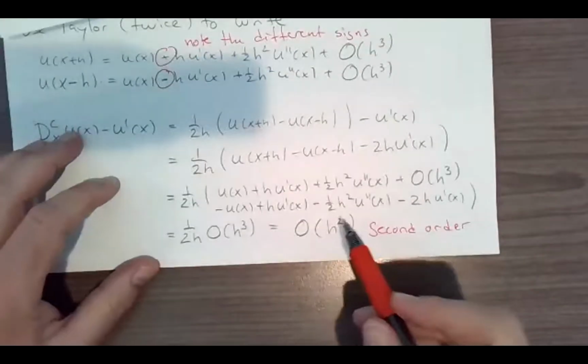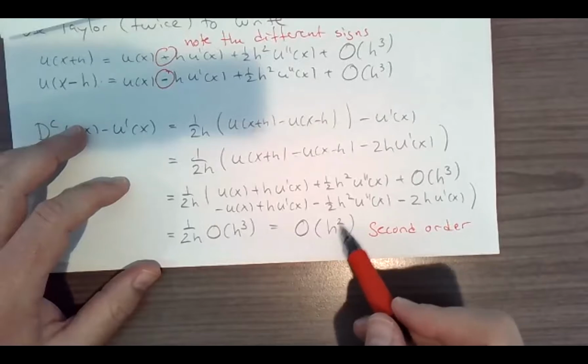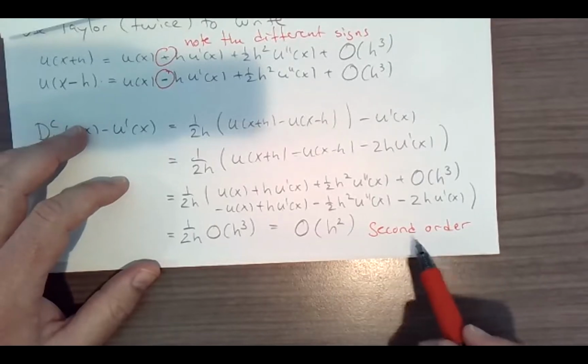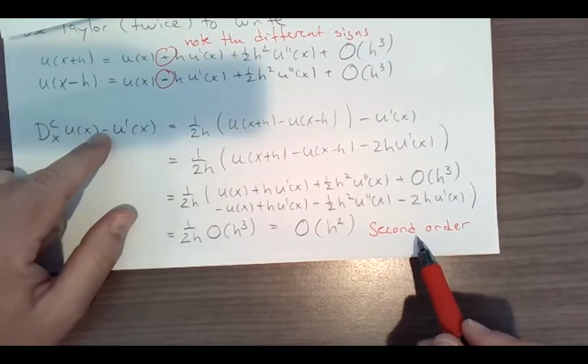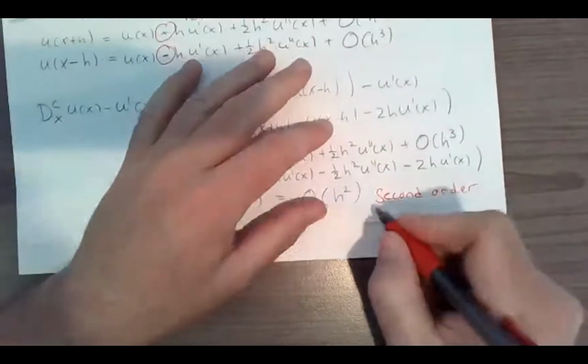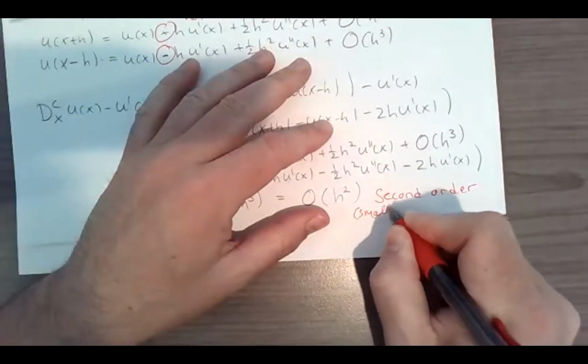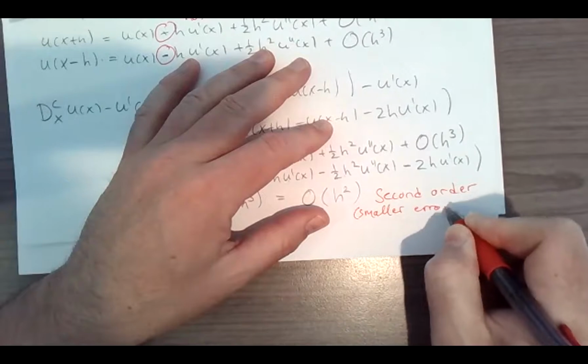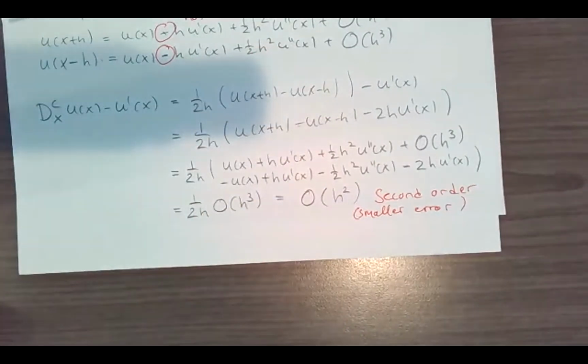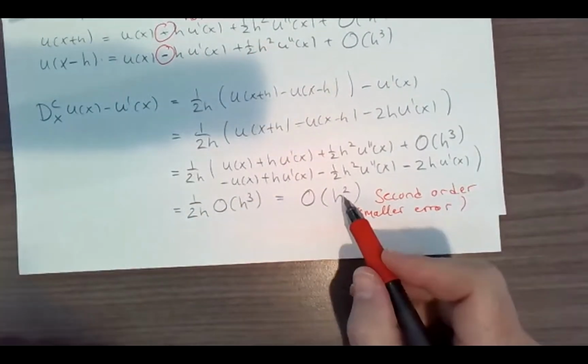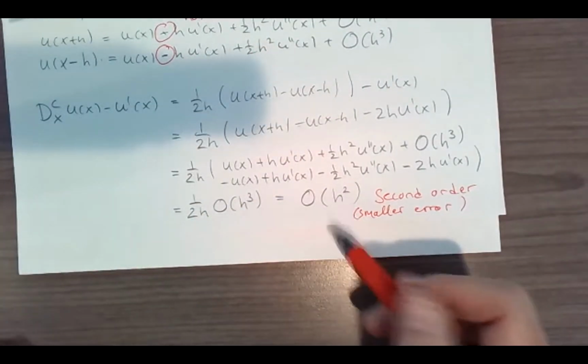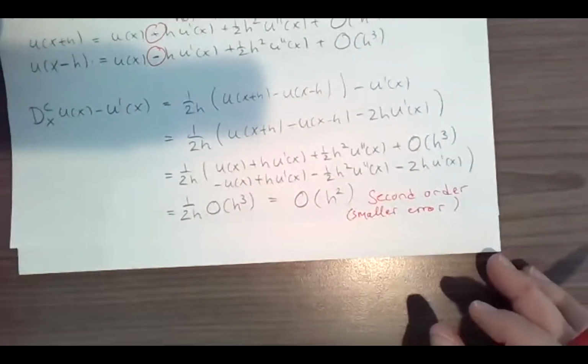And h squared goes much faster to 0 than h. So this is a smaller error than you make, because h squared goes to 0 much faster than h goes to 0. That's what we had on one of the examples before the break.